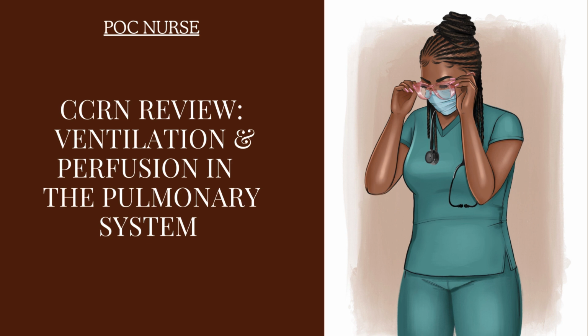These are the advantages of PEEP: decreasing surface tension of the alveoli to prevent atelectasis, which is collapse of the alveoli. We're going to recruit more of the alveoli to increase the chances of gas exchange and oxygenation.